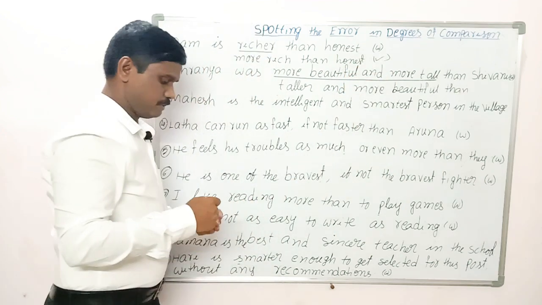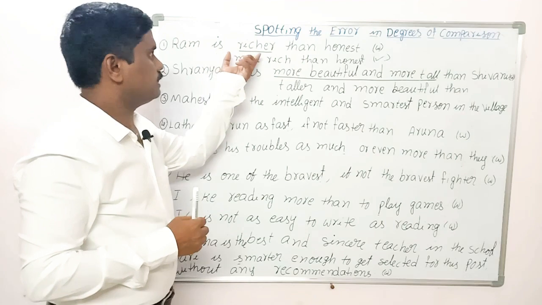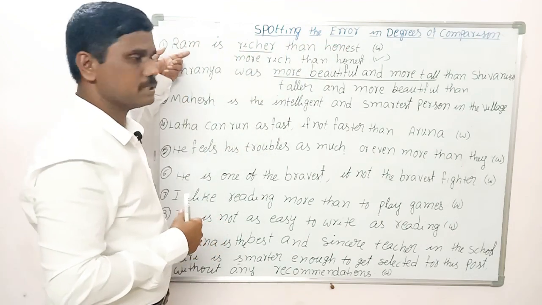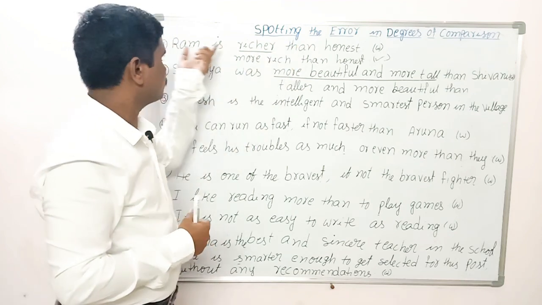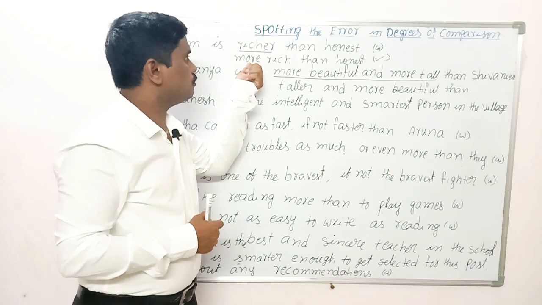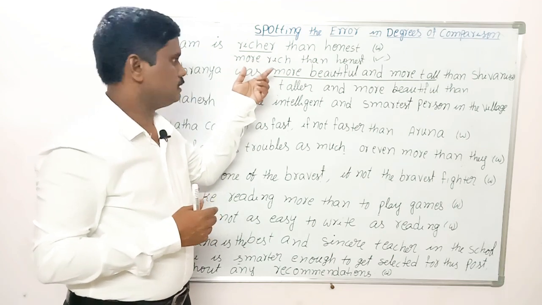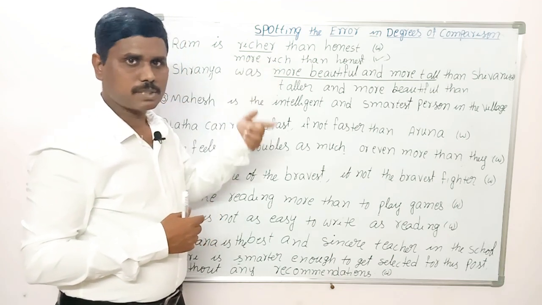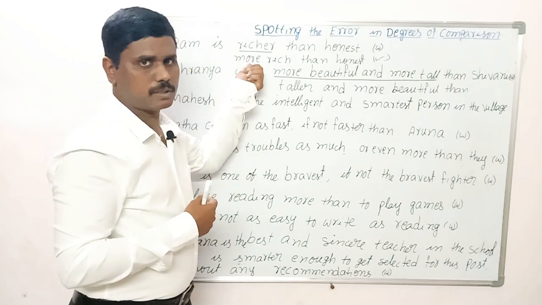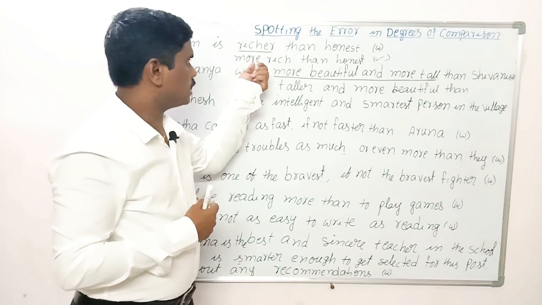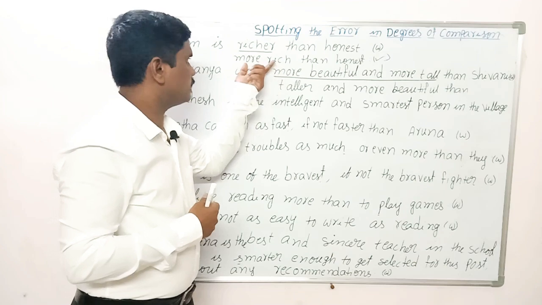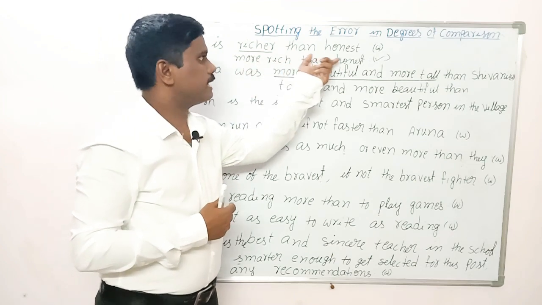Once again, let me explain in detail. When there is a comparison between two qualities of one person, then we always use more, whether the given adjective is monosyllabic or polysyllabic, whatever it may be. We always use more and most. We should not use er. This is an exceptional case. That is why here we use more rich than honest.